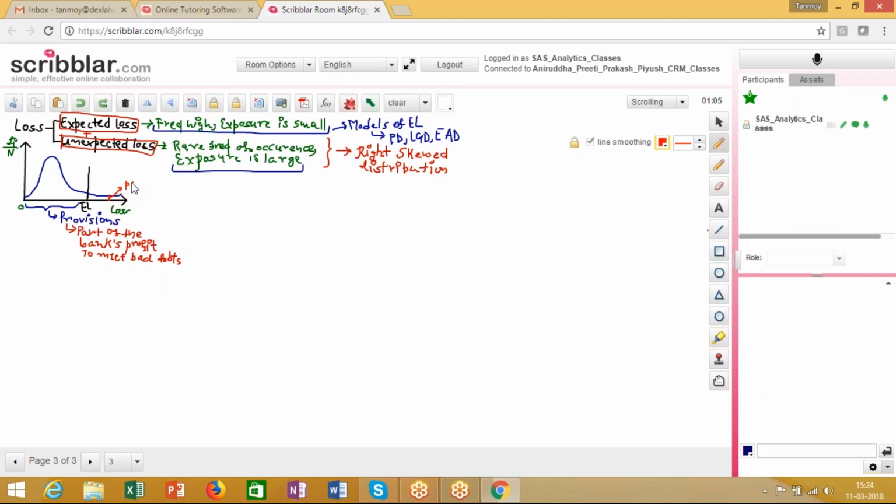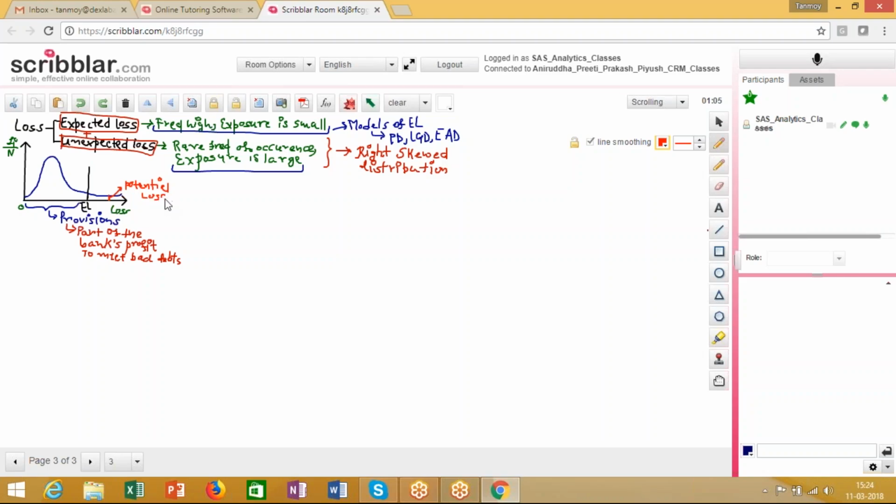So a potential loss in this distribution is that part after the unexpected loss which does not generally occur but may occur, and the probability of this potential loss to actually occur is as low as once in every 1,000 years, right?